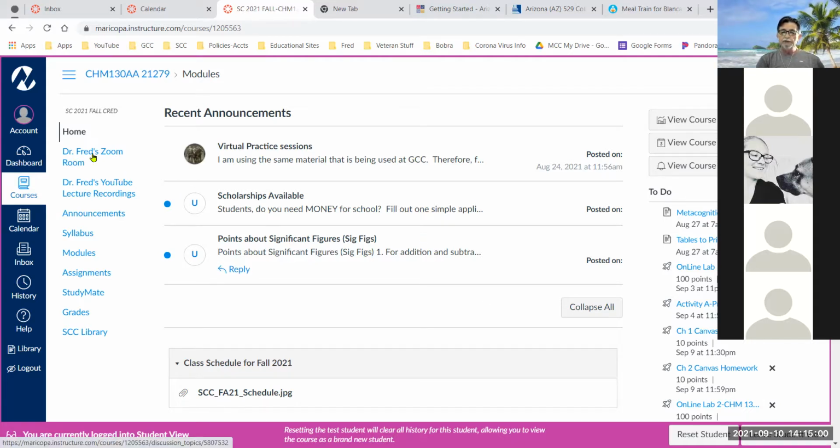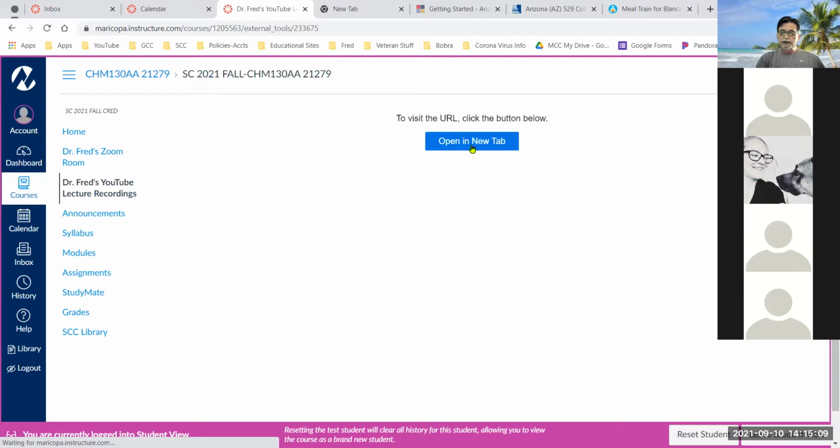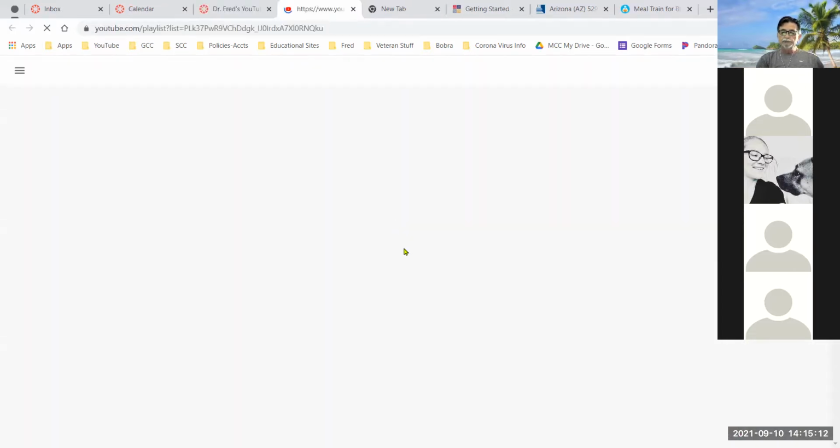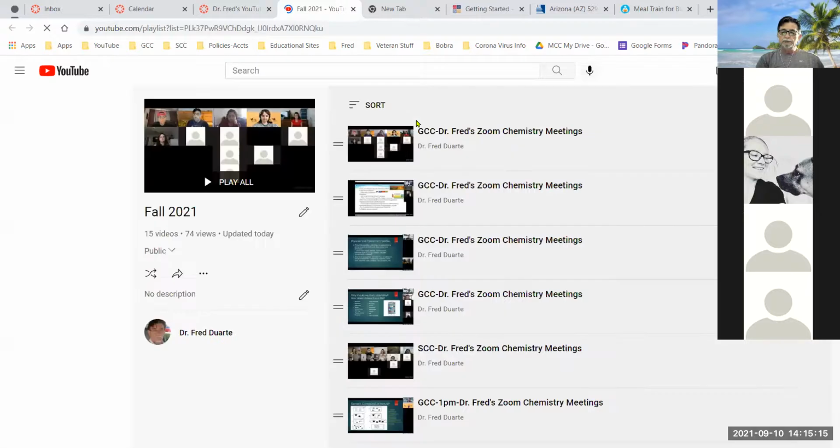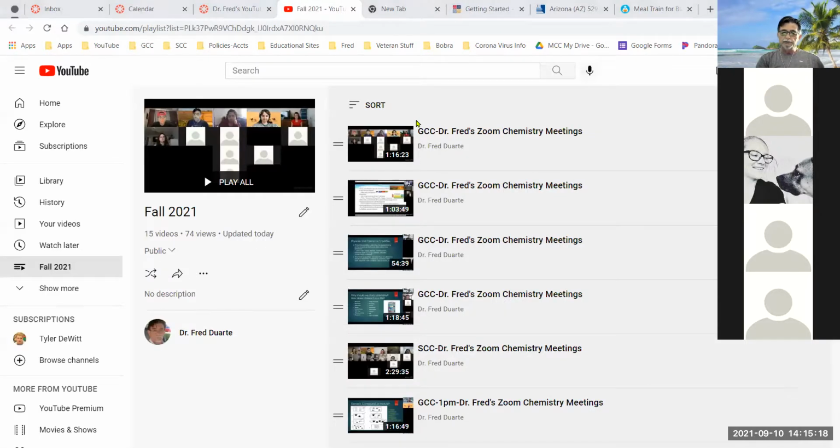Now, if you look at the far left, here's the Zoom button, but down here you got the recordings. If you click that, it's going to ask you if you want to open a new window. Yeah. And you should see all the recordings here. Now I label them, I got GCC here and I label them with the times and all that, but I also got SCC. So, and I show what it is. So you're more than welcome to go and listen to any of those.